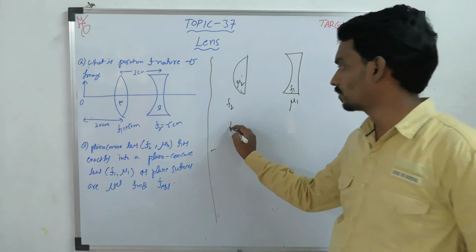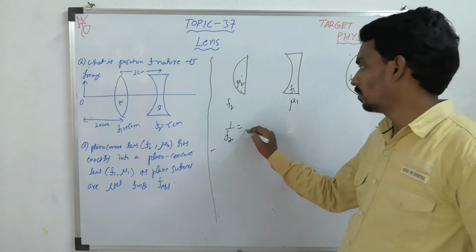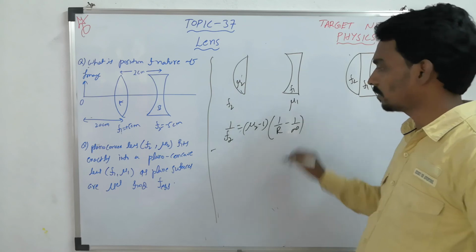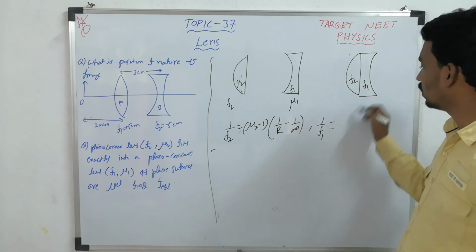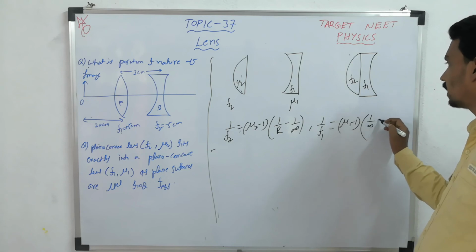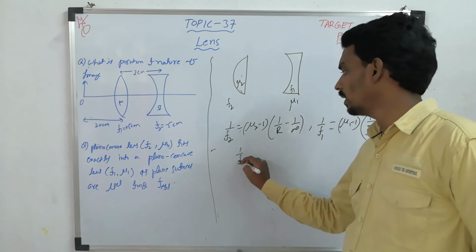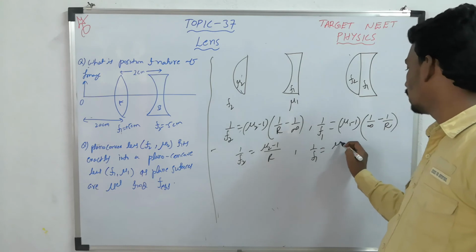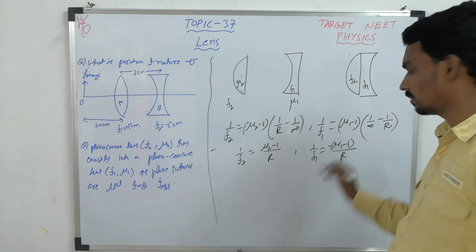Now take first f2. 1 by f2 equals mu2 minus 1 times 1 by r minus 1 by infinity. Similarly, for the other one, 1 by f1 equals mu1 minus 1 times 1 by infinity minus 1 by r. So 1 by f2 is mu2 minus 1 by r, and 1 by f1 is mu1 minus 1 by r.